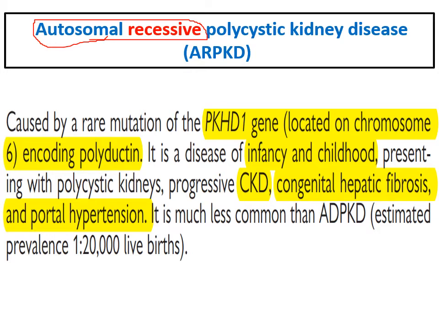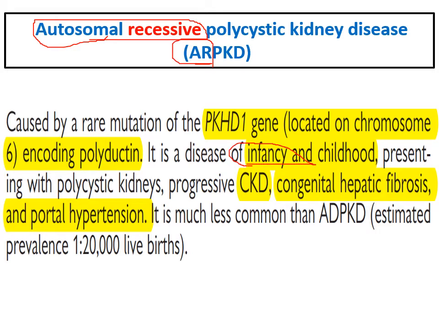polycystic kidney disease. Of course, we talked in part 1 about the most important one, which is autosomal dominant polycystic kidney disease, and it is much more common. Autosomal recessive polycystic kidney disease is a disease of infancy and children.